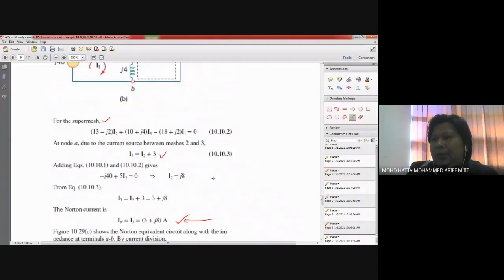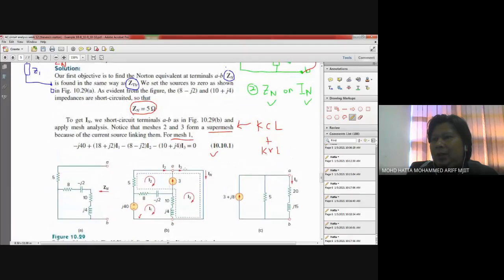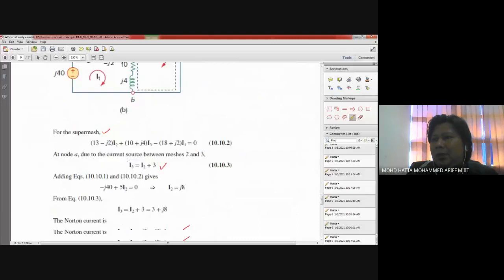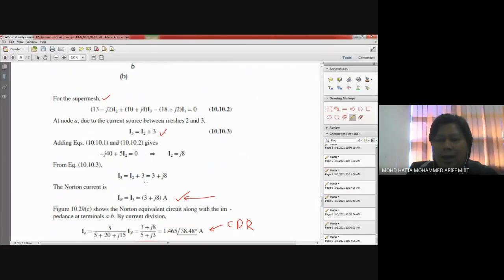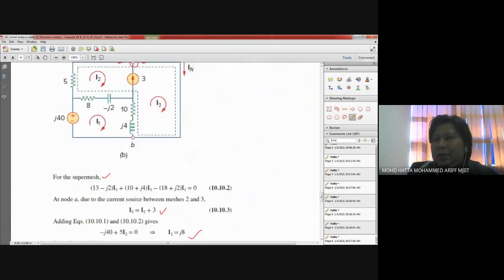If you notice, I didn't explain this part and this part as well as this part. I would like you guys to try out and do some revision on what's going on in super mesh. So I leave you without any explanation from this part up until this part.